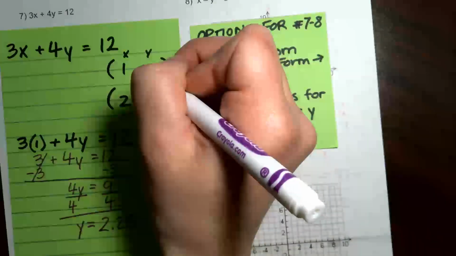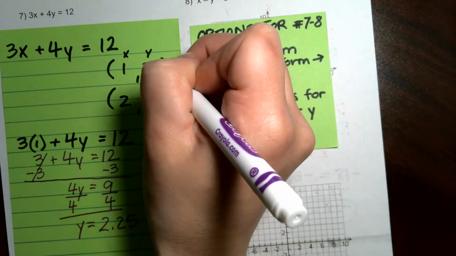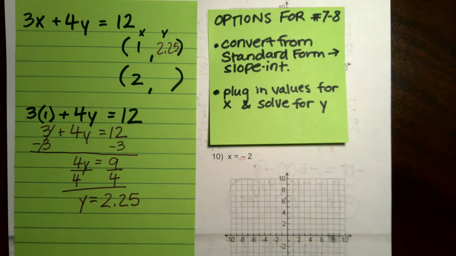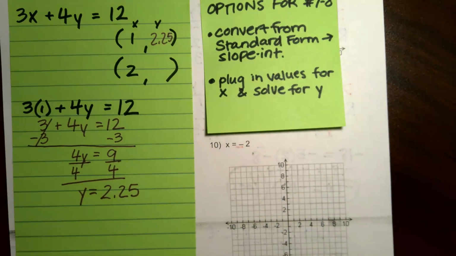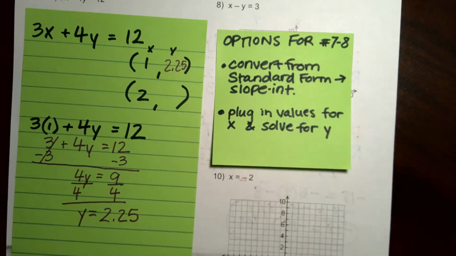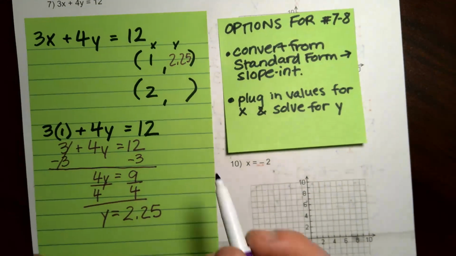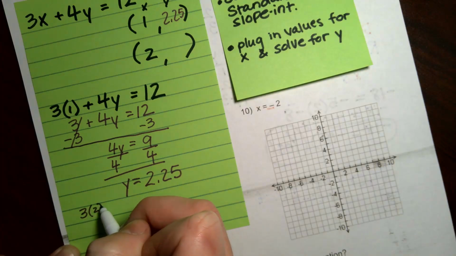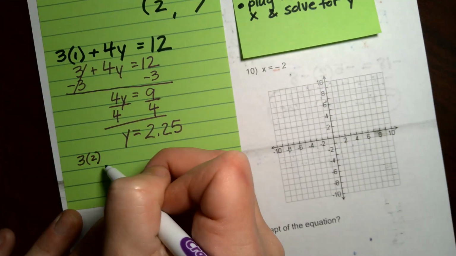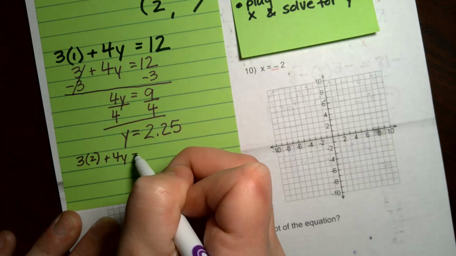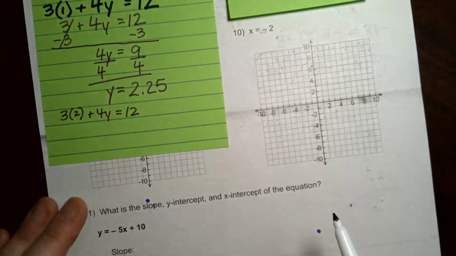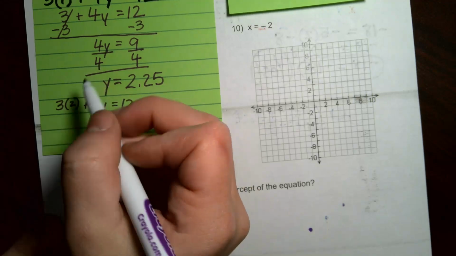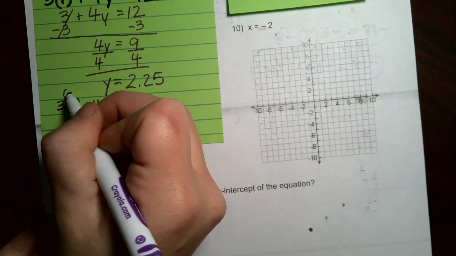So we're going to write that in our coordinate. Now we've got to solve for another coordinate. So we're going to plug in our 2 for x. 3 times 2 plus 4y equals 12. Subtract 6. Yes, we know that 3 times 2 is 6.